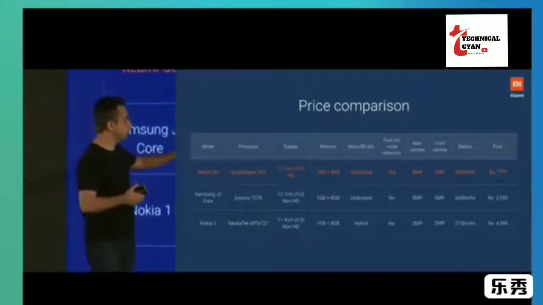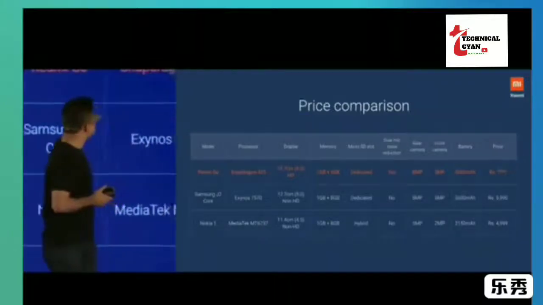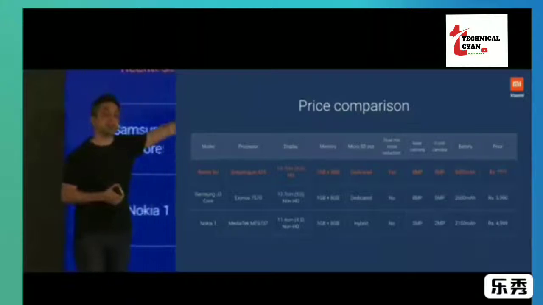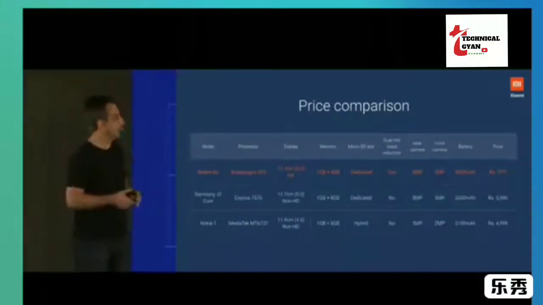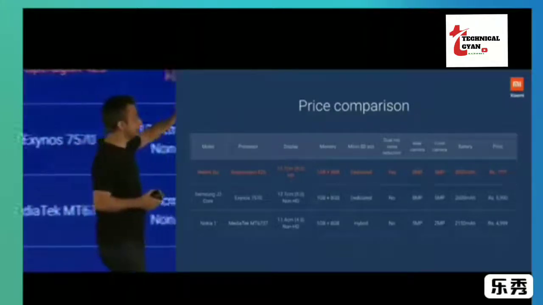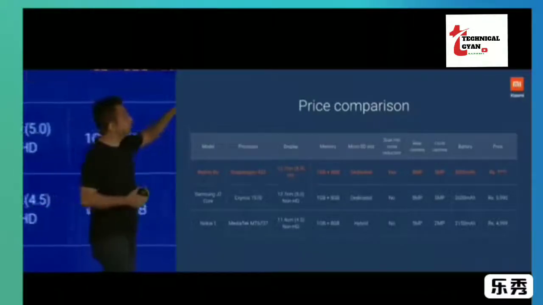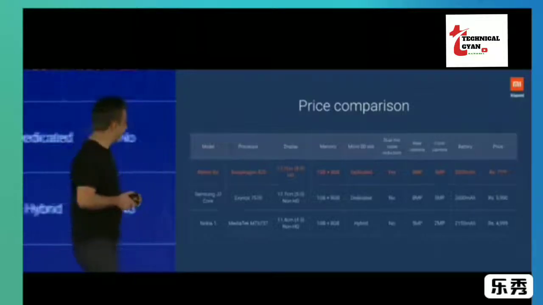So they are all non-HD displays. Not only does the Redmi Go have a HD display, it has the Qualcomm Snapdragon 425, which is an extremely powerful tested processor. The Redmi Go also has a dedicated SD card slot, and again, first in class dual mic noise reduction system, which the others do not offer.